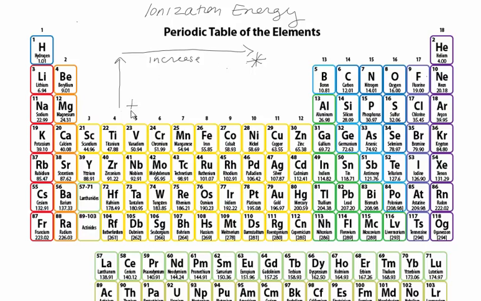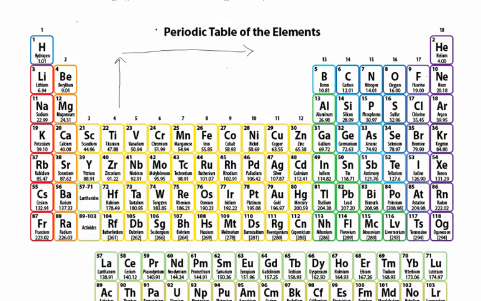These elements will be more likely to have an electron removed. So as the ionization energy decreases, the propensity to become a cation, or a positively charged ion because an electron is removed, increases.